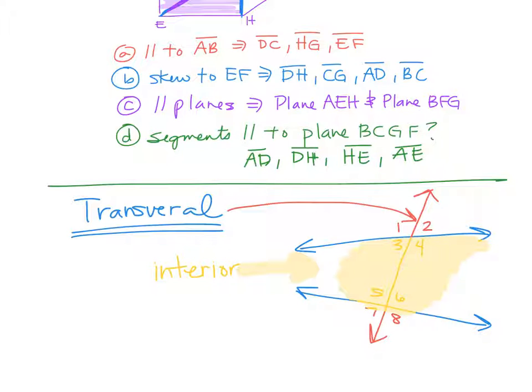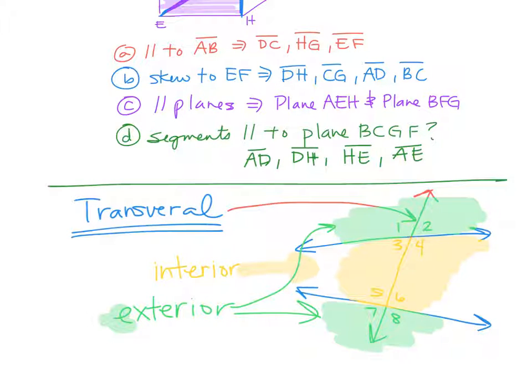Does that show up okay? Yeah. But then you also have the exterior, and the exterior would be everything else. So oops, that's not a highlighter. Let's try that again. So this and this are your exterior. That's here and there.